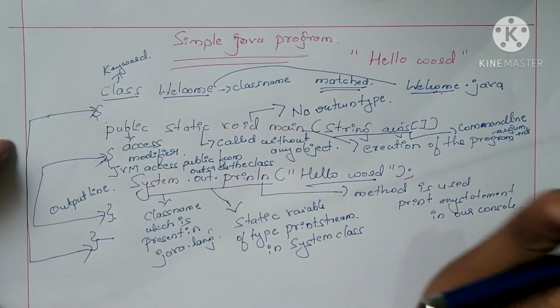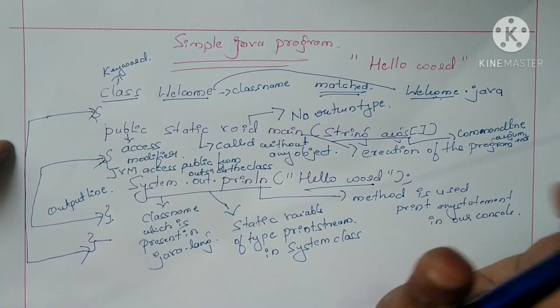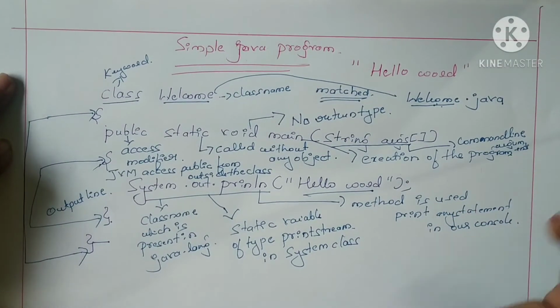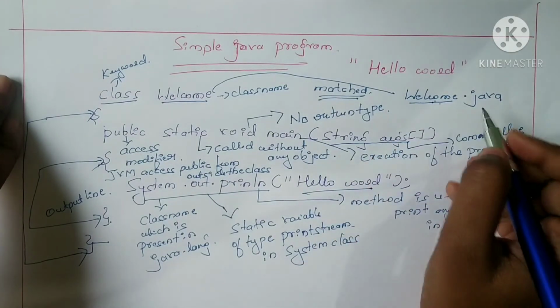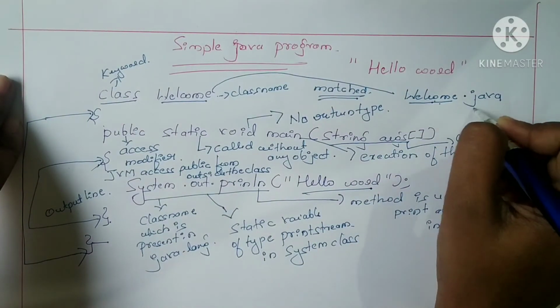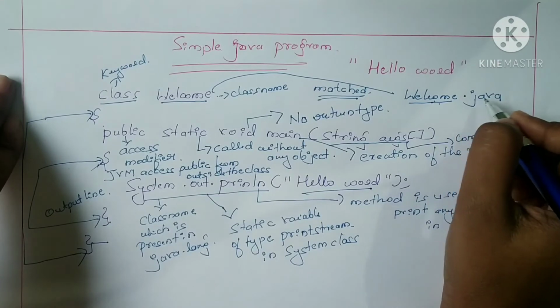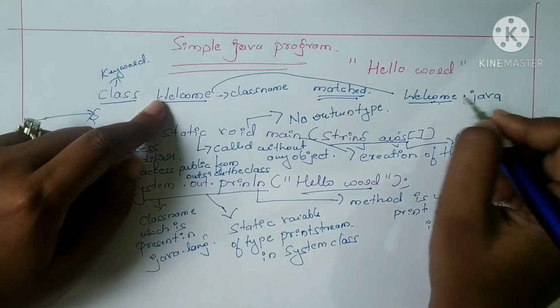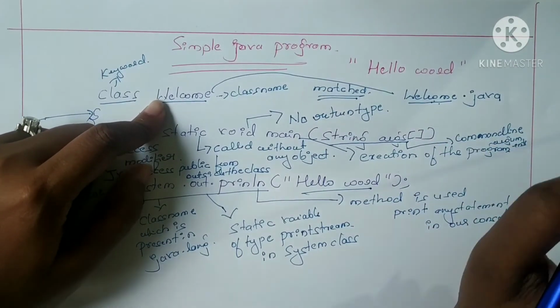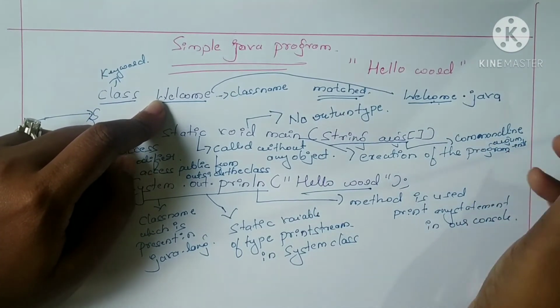I hope you all understand this simple Java programming. Now we can see how we can save this program with the Welcome.java file. The class name and the file name must be the same in our Java programming.